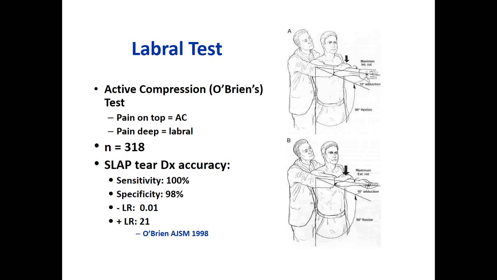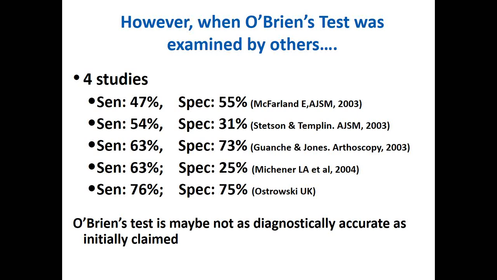A positive test is pain in the first position and reduction of pain in the second position. When O'Brien originally described this test, he talked about it as both an AC joint test and a labral test. So when you ask the patient about their symptoms, if they're focusing more on their AC joint and more superficial, that would maybe indicate an acromioclavicular joint injury. If it's deeper or more general sensations, that would be more positive for a labral pathology.